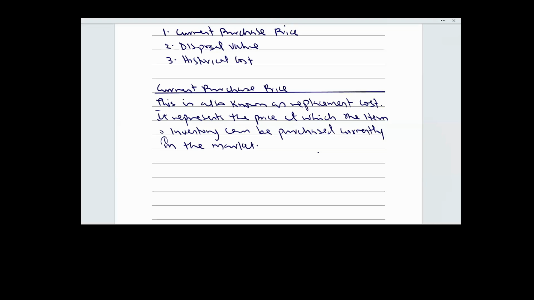Okay, so in a question, how do you then know that the cost given to you is relevant? Anytime you see current purchase price or replacement cost in a question, you just have to use it. That means it is relevant.